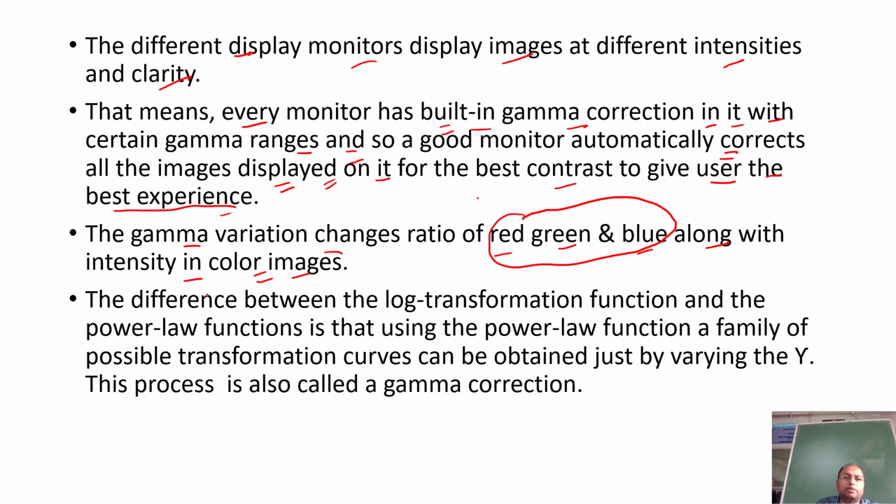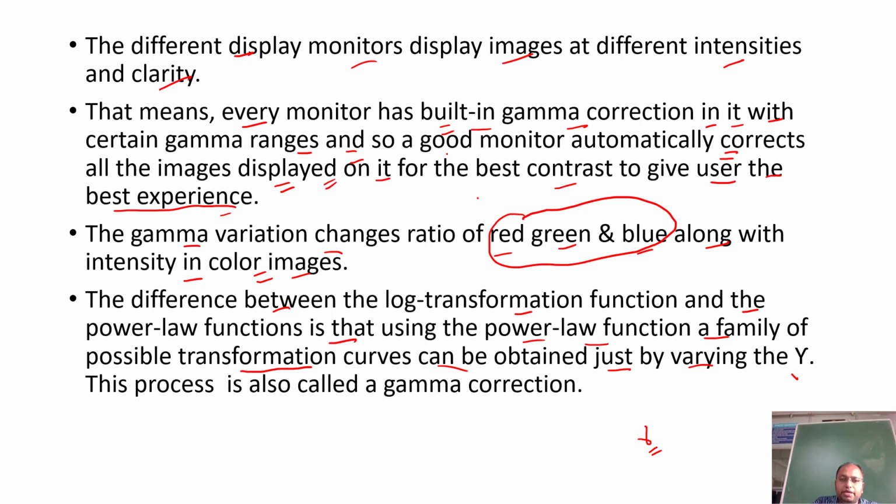Okay. The difference between the log transformation function and the power law transformation is that using the power law function, a family of possible transformation curves can be obtained just by varying the value of gamma. So just by varying the value of gamma, we can change the family of curves, right?